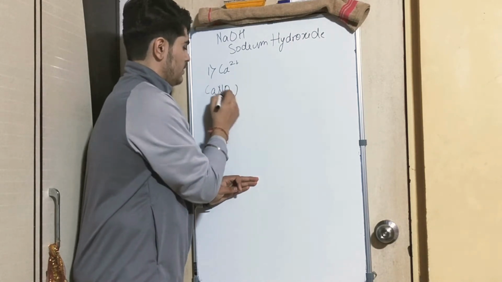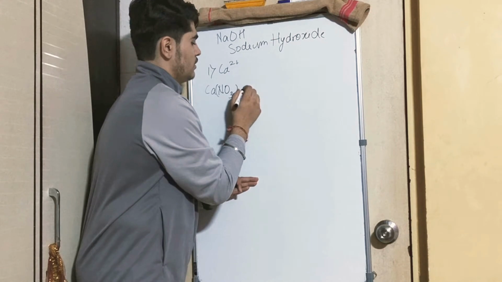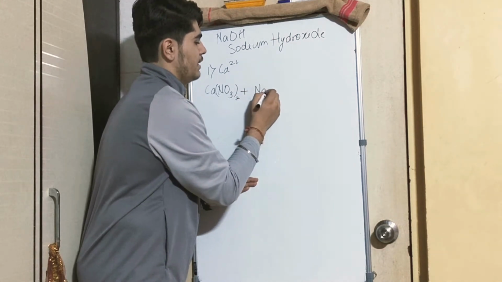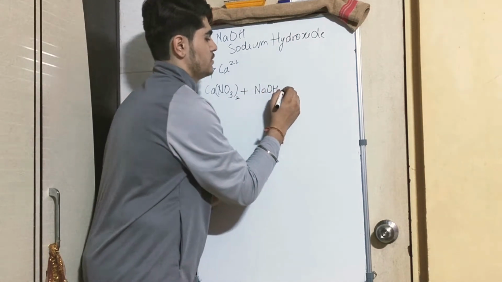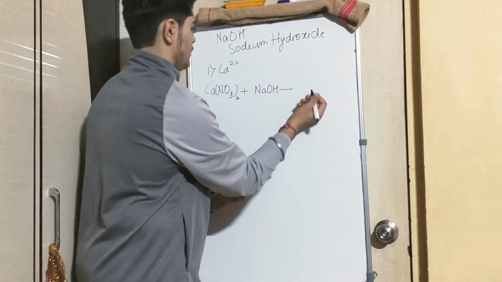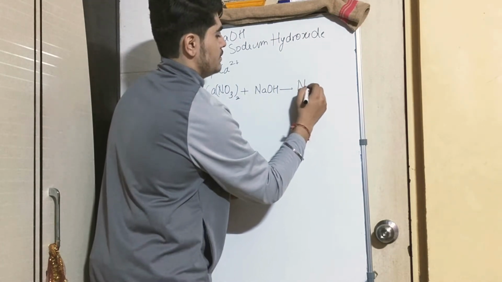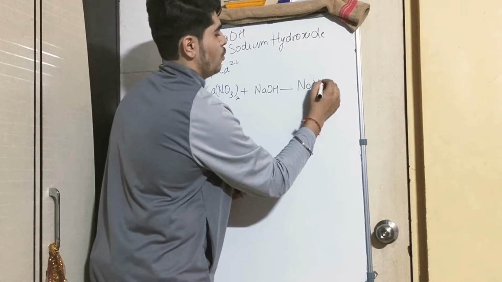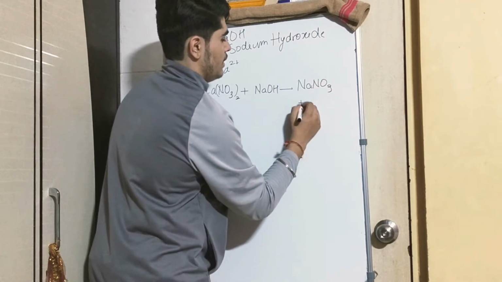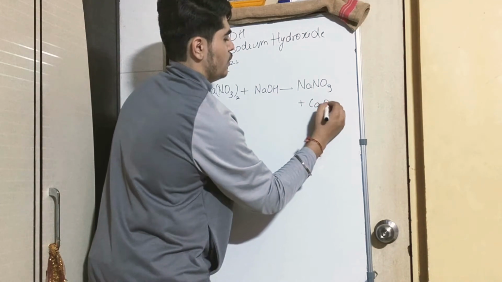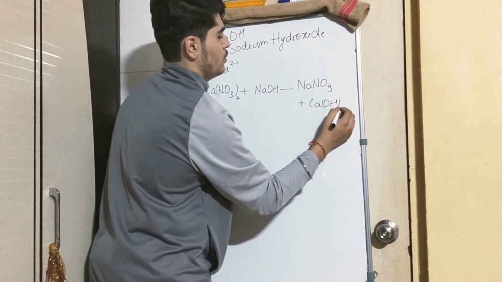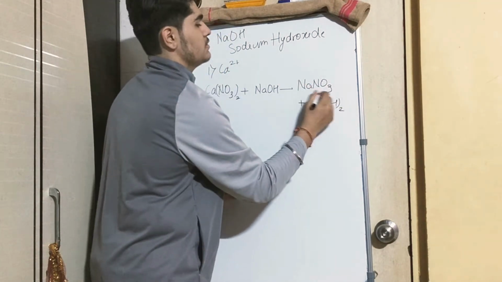Ca(NO3)2 plus NaOH gives NaNO3 plus Ca(OH)2. This is the byproduct.